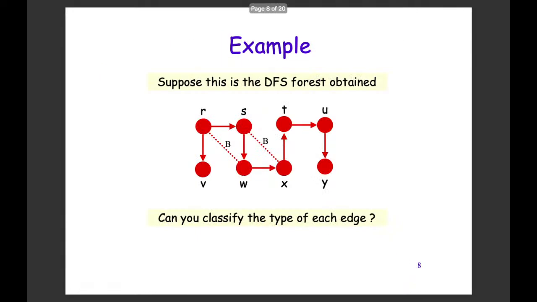This can be proven by contradiction. If there is a forward edge, then why do we have a forward edge? This edge should be considered as backward, right? Because when we consider this one, this is already here, so it looks like it goes backward, right?